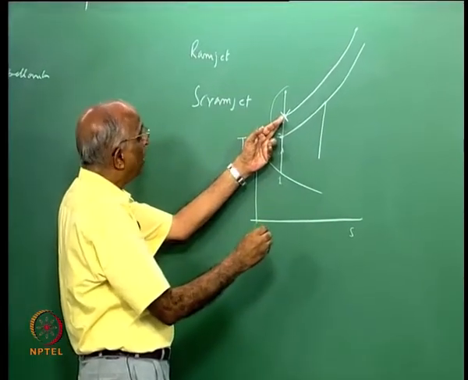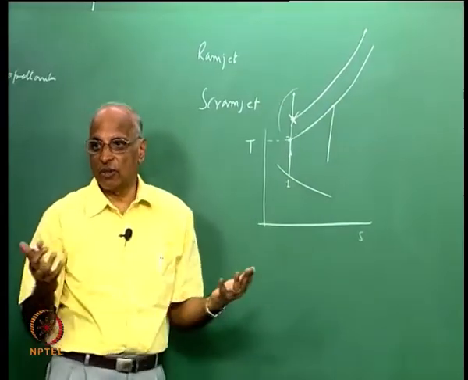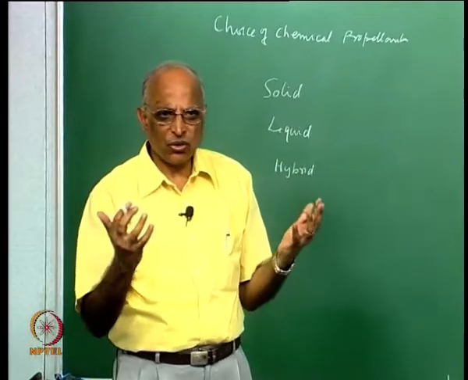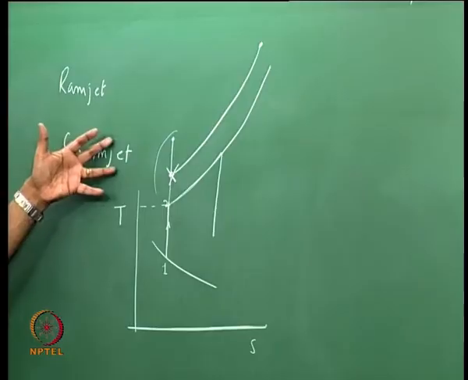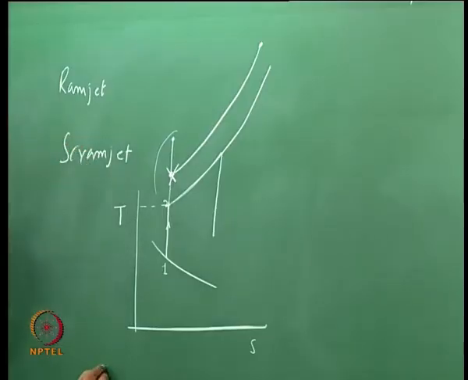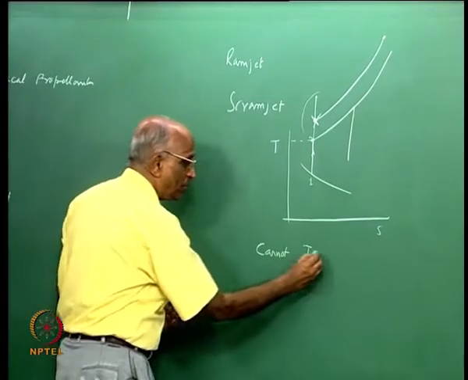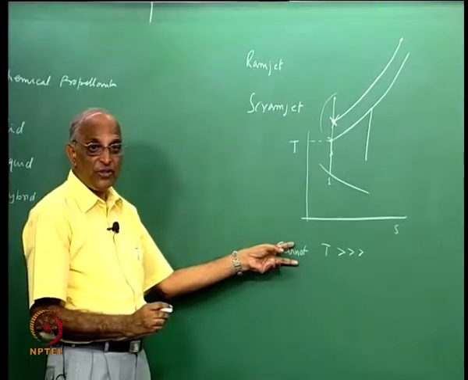Therefore you do get some bounds. Dissociation plays a role in the choice of the upper bound of temperatures in which some of these engines can operate. Let us keep it in mind. Dissociation is not peculiar to rockets, but to all other forms of engine, because as per the rule for a Carnot engine, I would like to get the high temperature as high as possible. That is when I get maximum efficiency.